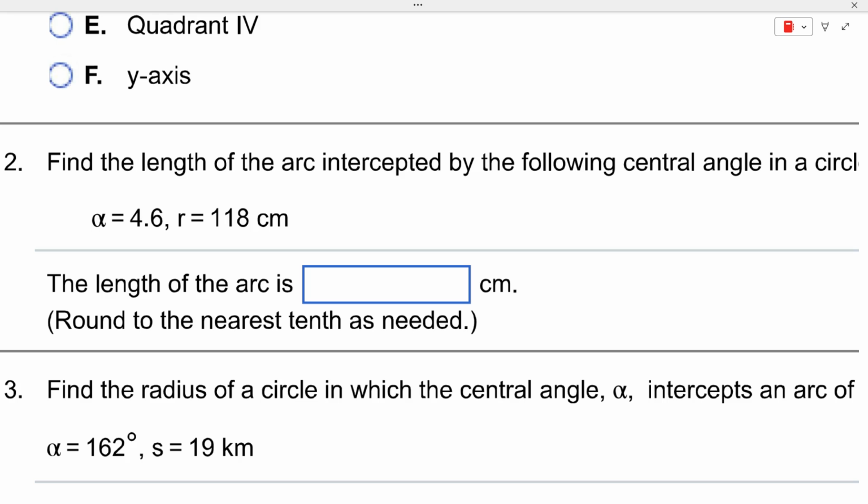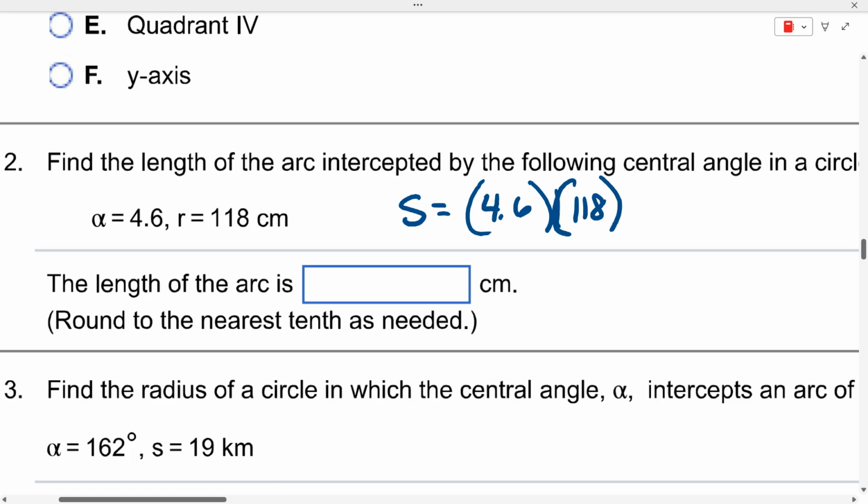All we have to do is multiply our angle times our radius. To find arc length, it's the angle, 4.6, times the radius, 118. If we multiply those two, what do we get to the nearest tenth? 542.8. Okay, that's the arc length.